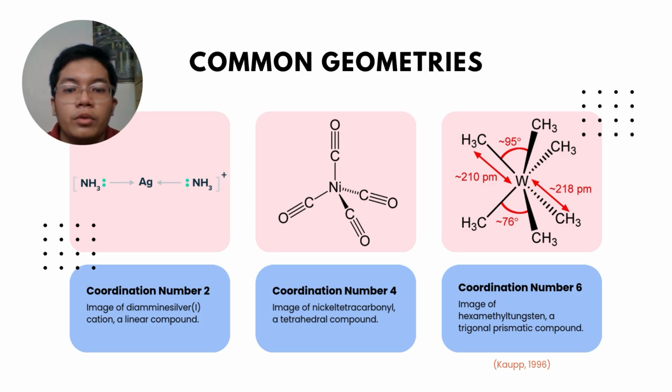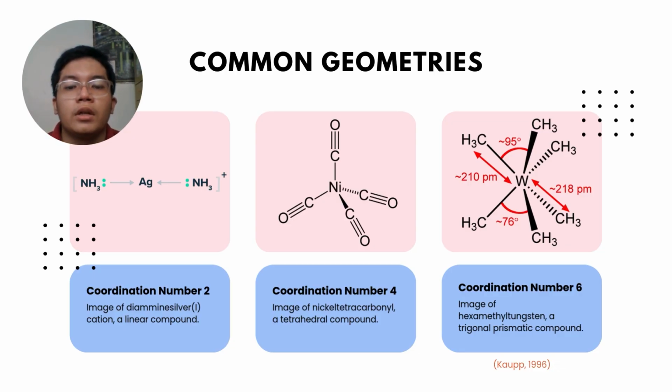Trigonal prism compounds have three bidentate or paired ligands, with the ligands attaching to a central atom at 60 degrees base angle and 90 degrees base to side angle. One example of a trigonal prism compound is hexamethyltungsten with 6 methyl groups as ligands.